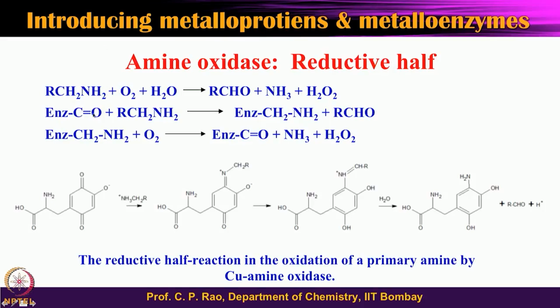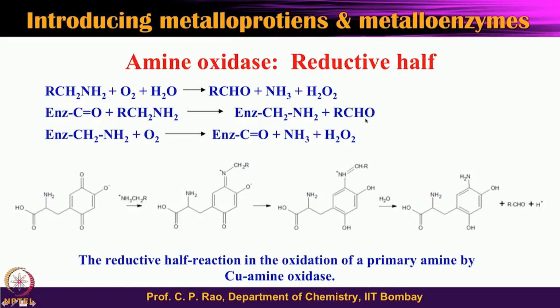In the first half, the enzyme-based carbonyl reacts with the substrate amine to form the Schiff base, which is a very popular reaction, and oxidizes the amine to convert it into aldehyde.